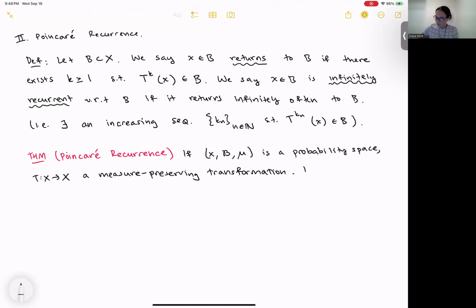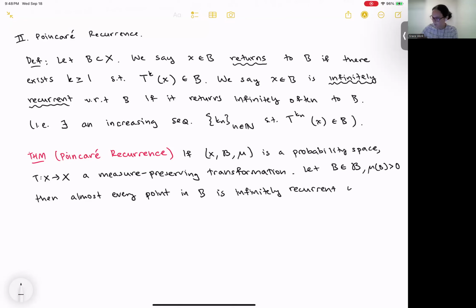And we consider a set B inside our sigma algebra with positive measure. Then almost every point in B is infinitely recurrent with respect to B.